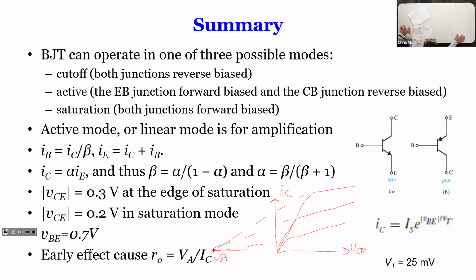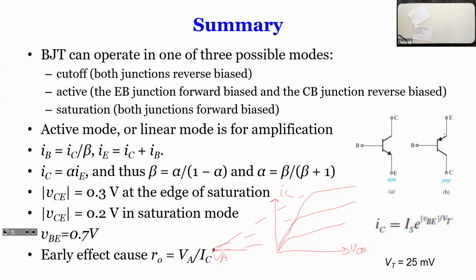Any questions? So between 0.3 and 0.2, what does that look like for VCE? It just saturates, but it has not fully saturated yet. It's like when you eat, you think you're full, but you can still eat a little bit. But that's saturation, that's it. Active mode is the curve, and saturation is the curve down at the corner over here.